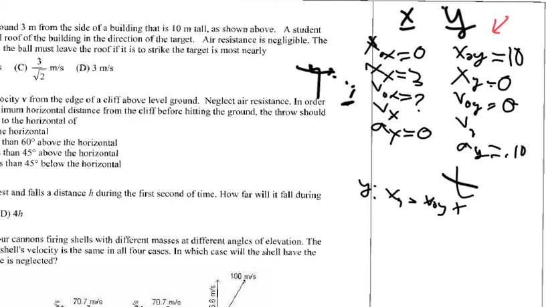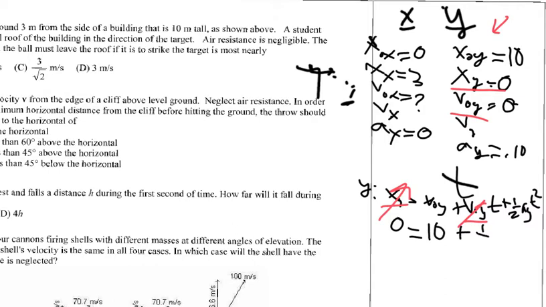We know that x naught y and v naught y are 0, so these two terms will go away. Alright, so we have 0 equals 10 plus 1/2 negative 10 t squared. We can go ahead and solve for t, and we should end up with t is equal to about 1.4 seconds, which is also equal to the square root of 2.